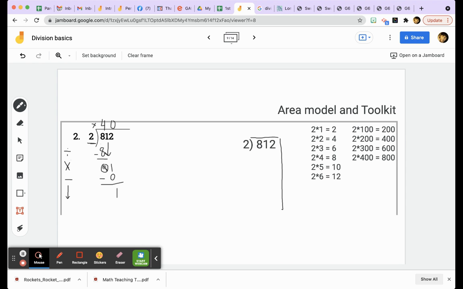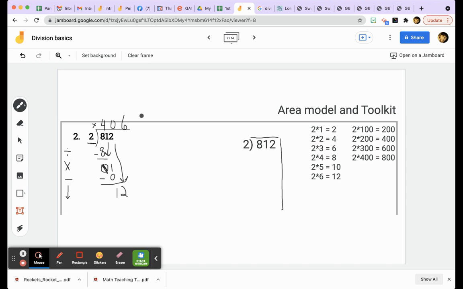You don't need to bring this 0 down. I'm going to cross that out. And we have 1. After I subtract, I bring down my next number. Okay, and I bring down the 2. I write the 2 alongside the 1, and I go back to my first step. How many groups of 2 will fit into 12? Well, there will be 6 groups of 2 in 12.